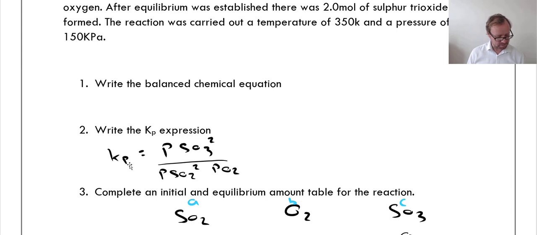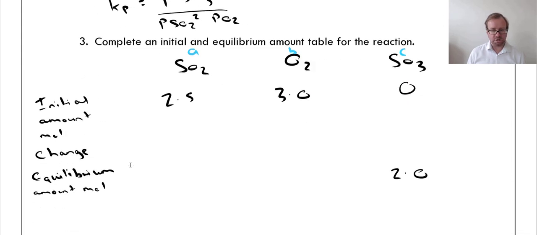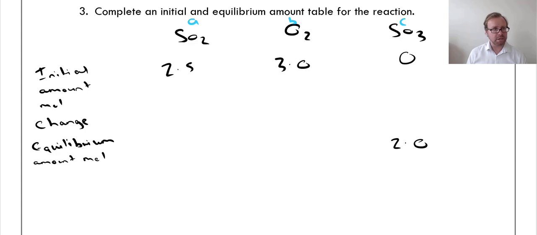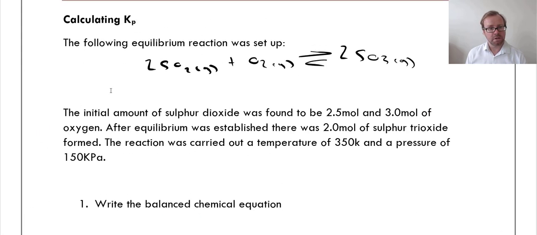Okay, so we know the reaction is 2 to 2 here. Therefore, we can say that the molar ratio, so my change here, must be my value of x, 2x is equal to 2, because this is my change in my initial to my equilibrium value. Okay. So that means my change here would be 2x, my change here would be a minus 2x, and the reason why this is 2x is because it's a 2 to 1 ratio here.